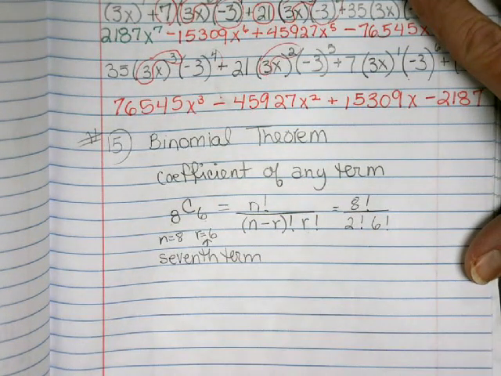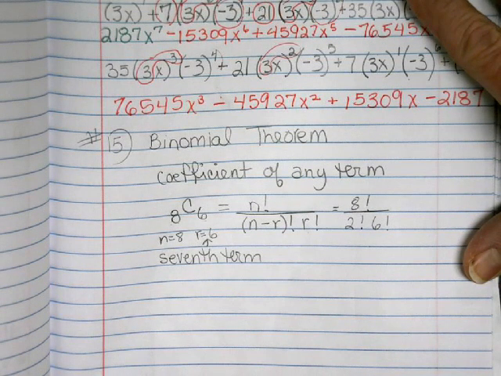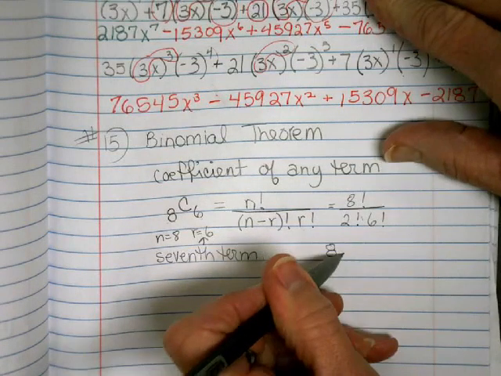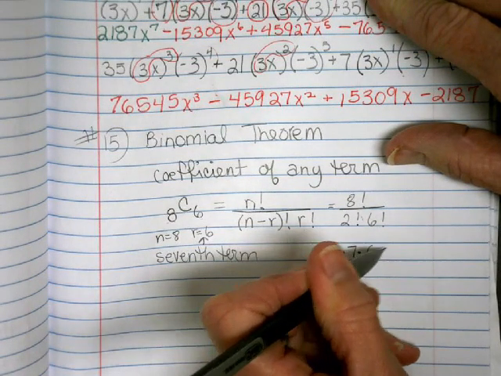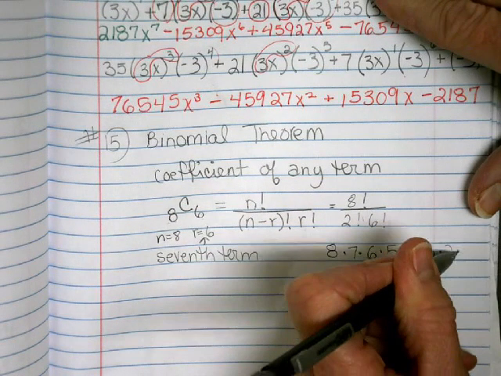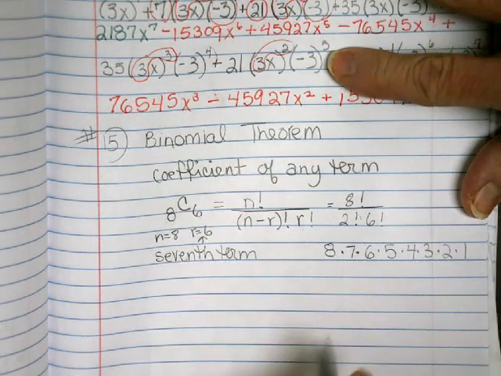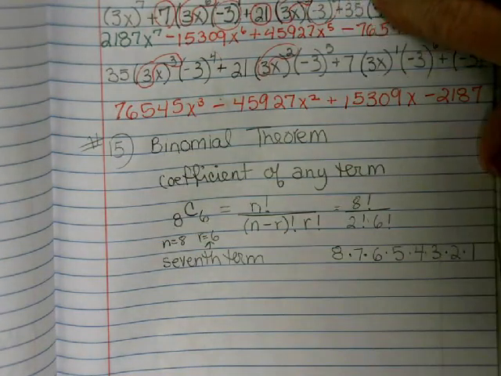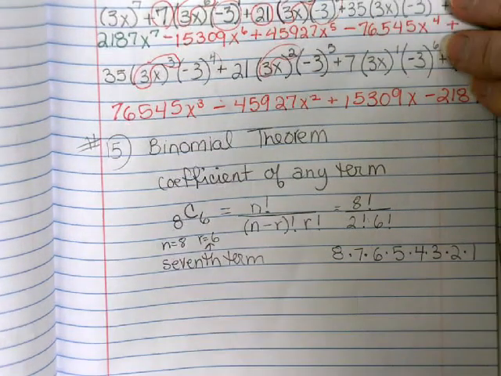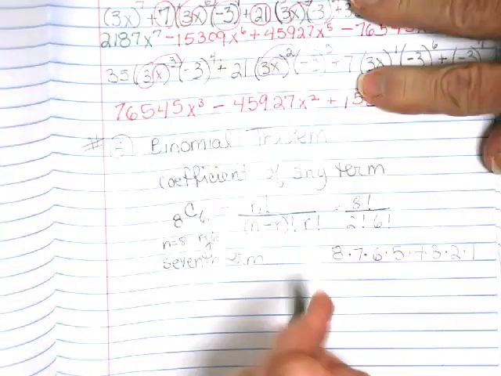Have you guys seen factorial before? That symbol there with the exclamation point. Okay, good, you're going to learn something new today. This means 8 times 7 times 6 times 5 times 4 times 3 times 2 times 1. That's what 8 factorial means. I don't know if our calculator has a factorial button or not. I don't see one.